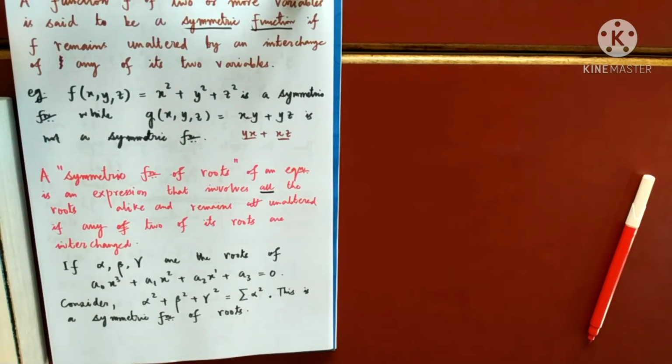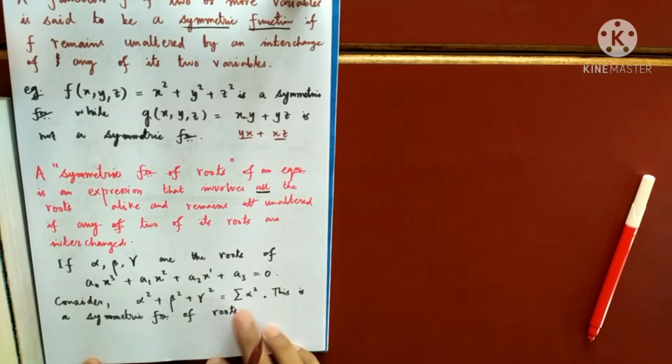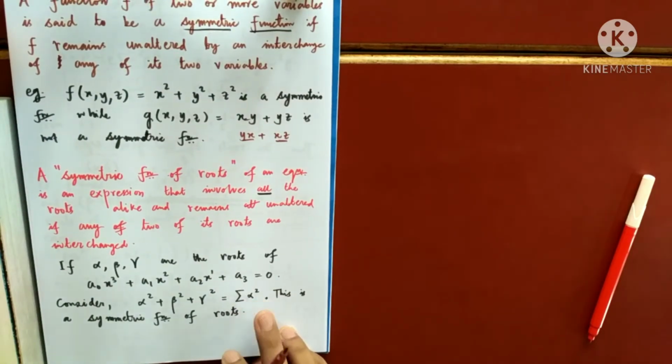Similarly, I'll give you another example. Whenever I am writing this, you understand that I am talking about a symmetric function. You have to take all possible terms for which it is a symmetric function.